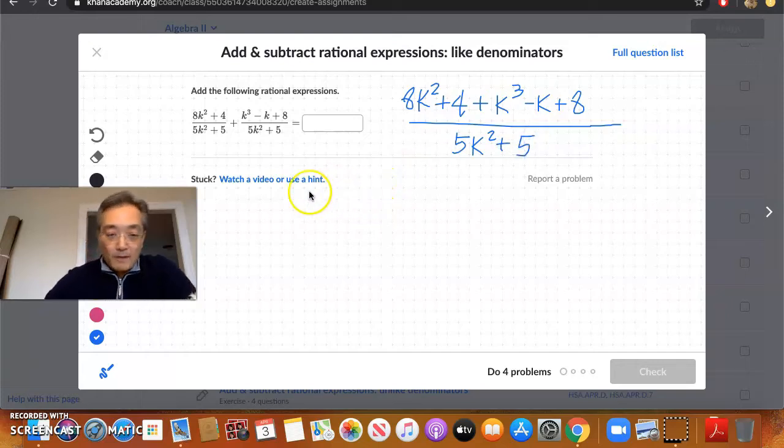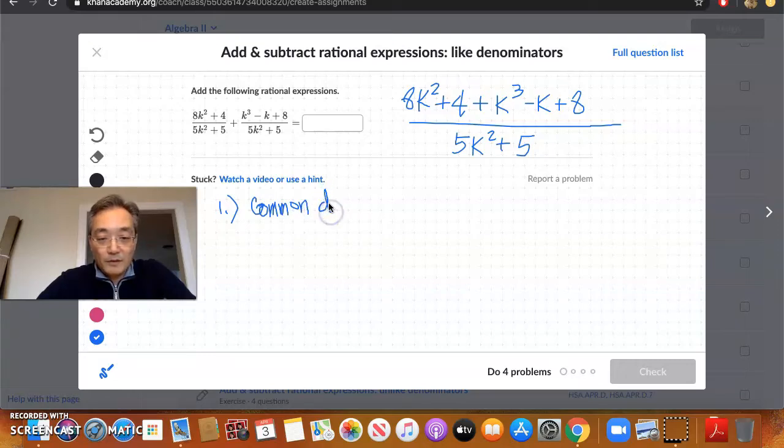Okay, so basically I'm just going to write it on this side. So first step, we need to get common denominators, right? I'm going to get common denominators.